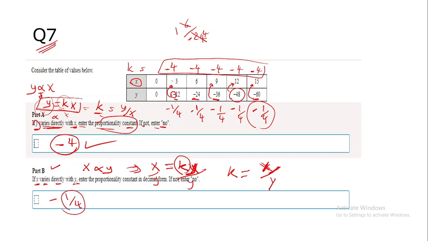Okay, maybe you don't want it in a fraction, so we'll do it as a decimal, so we'll make a division. 1 over 4 cannot be done, so I have to put a decimal point here, and put 10 here, so 10 divided by 4. 2 multiply 4 is 8, 3 multiply 4 is 12, 12 is bigger than 10, so I will take 2, so 2 multiply 4 will be 8, so it will be 2.